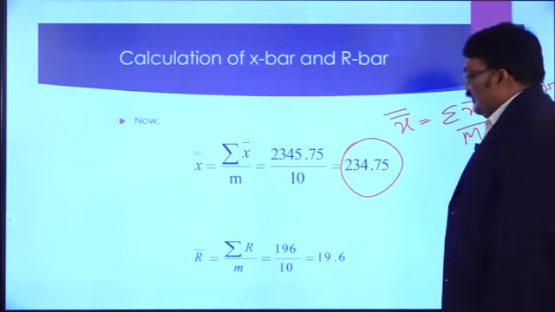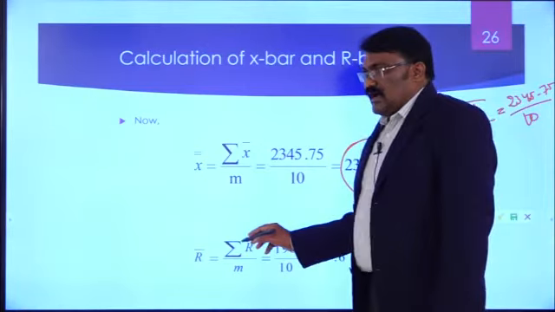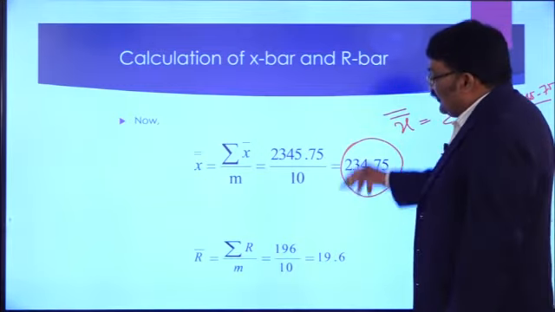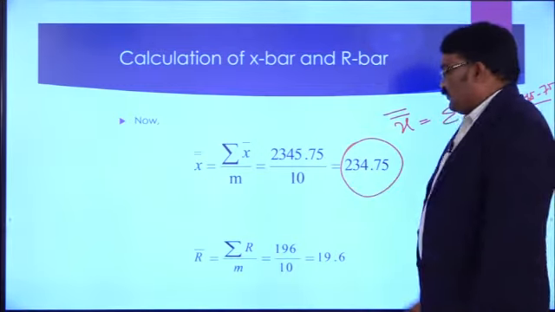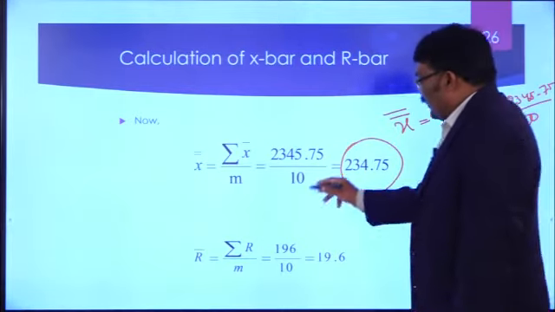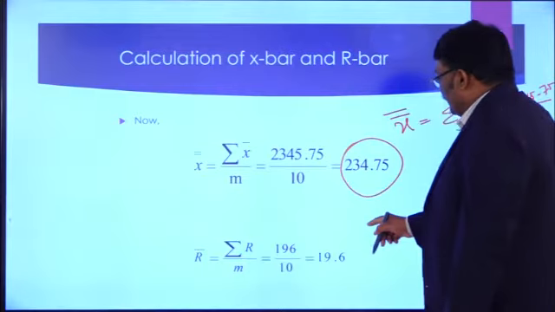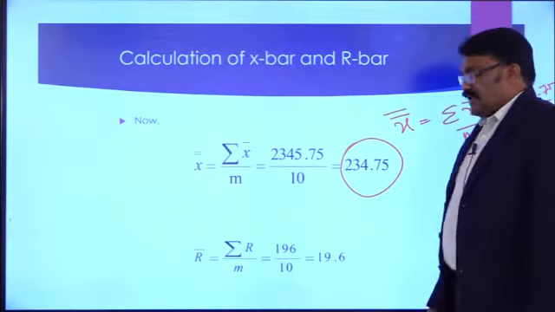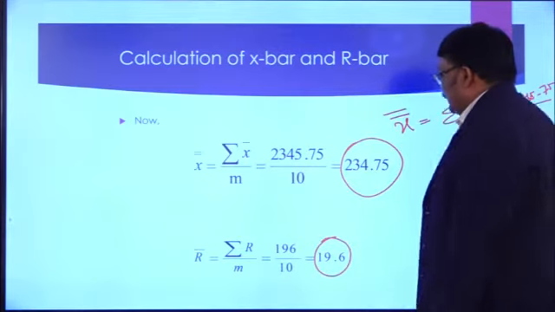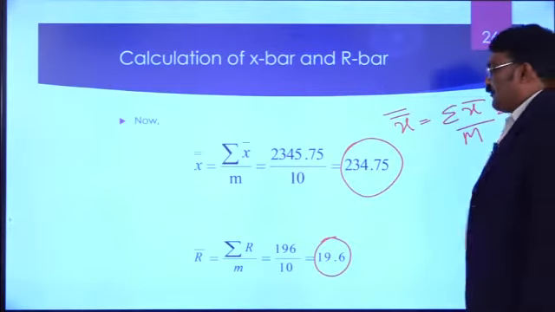Similarly, we have the summation of r, and we divide it to get r bar. Summation of r divided by 10 gives the value 19.6, that is, 196 divided by 10 is r bar.